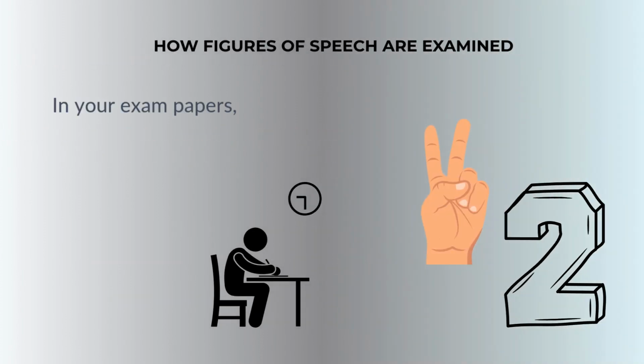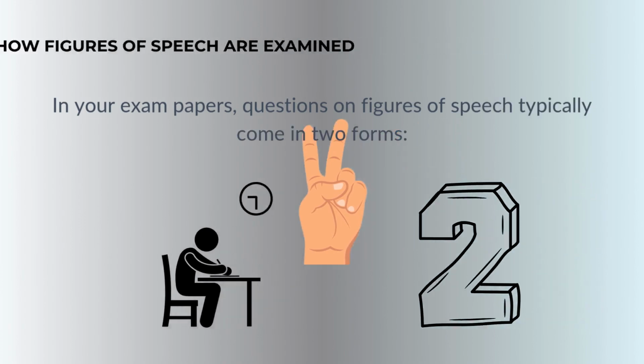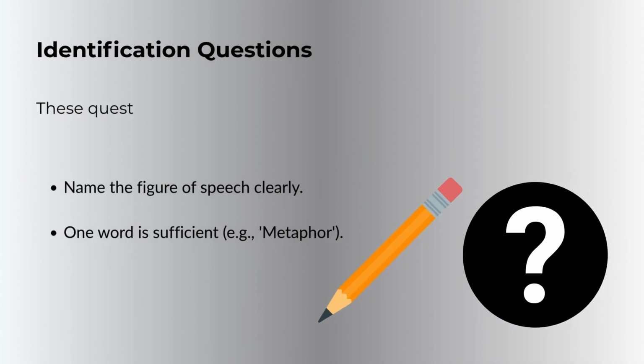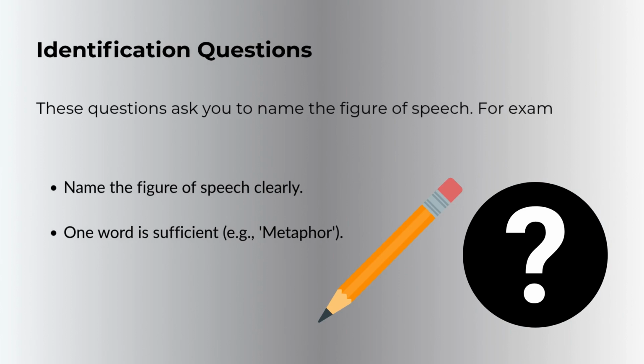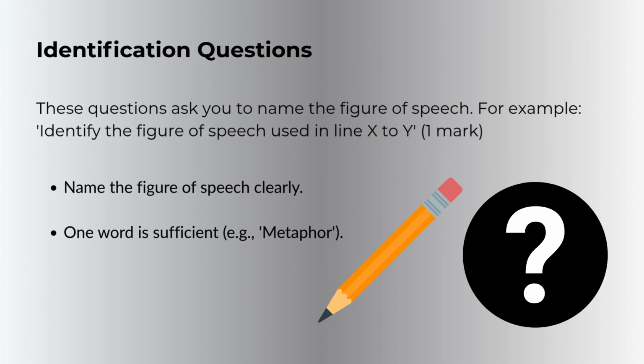Let's look at how these appear in exam papers. Identification questions simply ask you to name the figure of speech. For example, identify the figure of speech used in line X to Y, and that will be 1 mark.